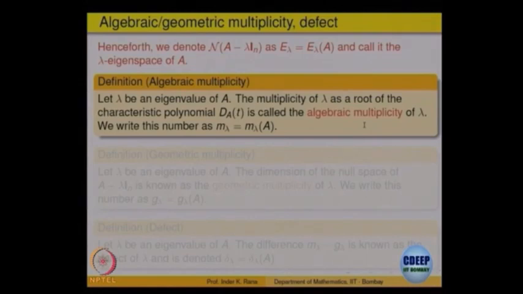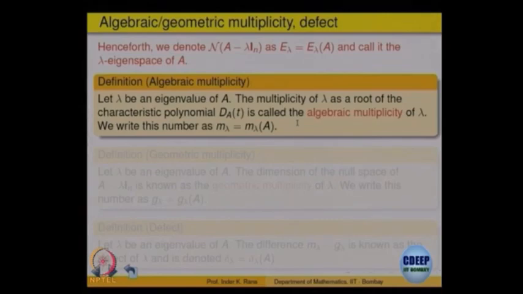It may appear twice, thrice or many times. The number of times it appears is called the algebraic multiplicity of the eigenvalue, and we denote it by m lambda, or m lambda of A if you want to stress that it is the matrix A.